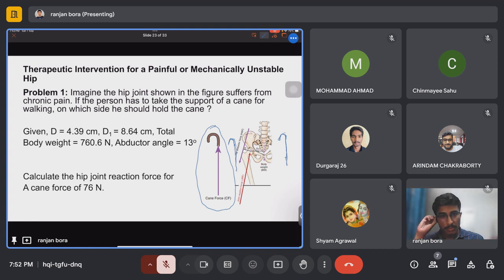Right now we don't know on which side he should hold the cane, so we will solve the problem by considering both cases.